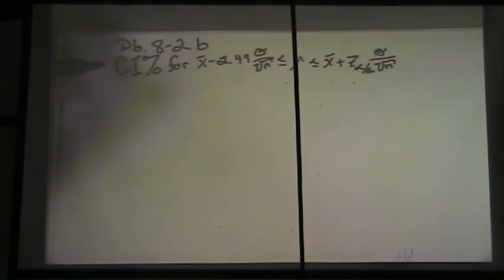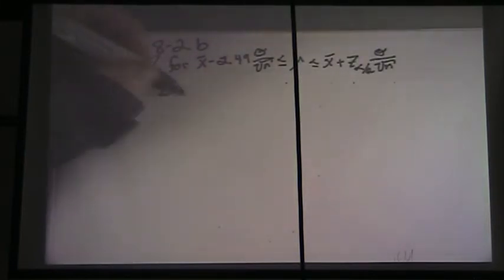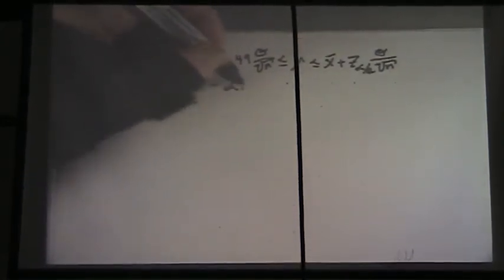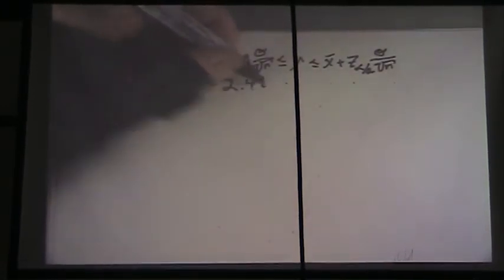All right, easy enough. Now, we are going to go ahead and work this the same way that we did before. So our negative z alpha divided by 2 equals negative 2.49.